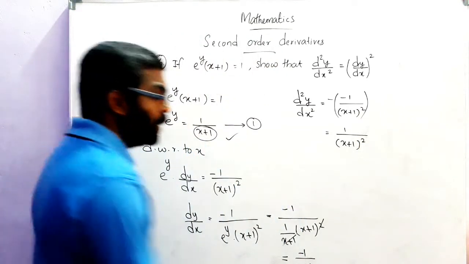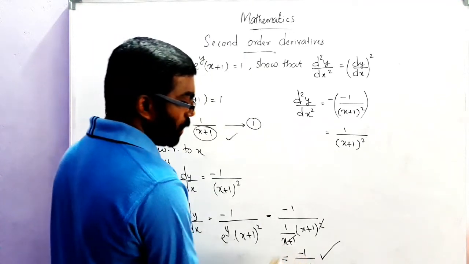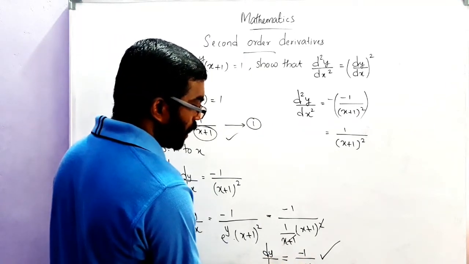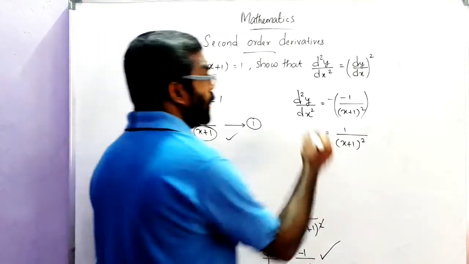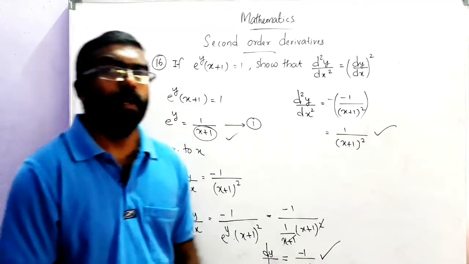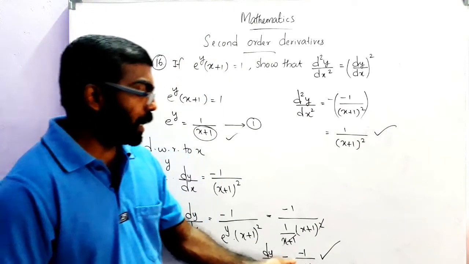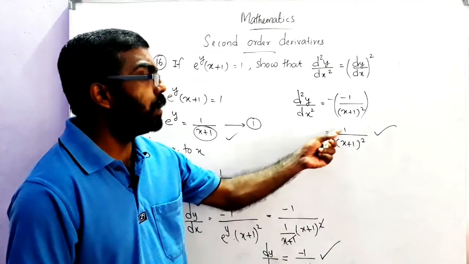Now we can compare these two terms. Here dy by dx is equal to, we got it as minus 1 by x plus 1. And here d square y by dx square is 1 by x plus 1 the whole square. While comparing, we can identify that minus 1 square is plus 1.